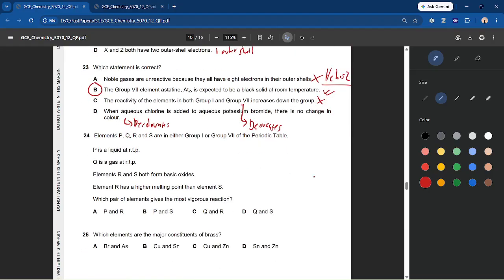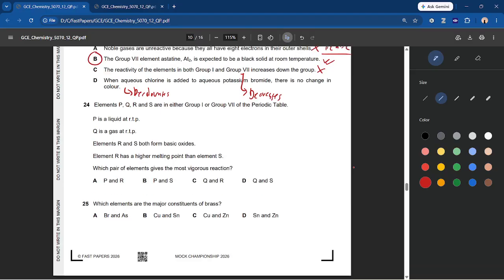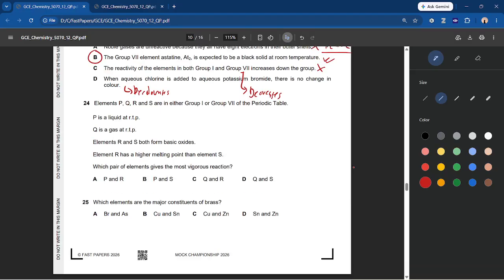All right, 24. Elements P, Q, R, and S are in either group 1 or group 6 of the periodic table. P is a liquid at room temperature and pressure. Q is a gas at room temperature and pressure. If P is a liquid and Q is a gas at room temperature and pressure, then that means Q is above P down the group. Elements R and S both form basic oxides.